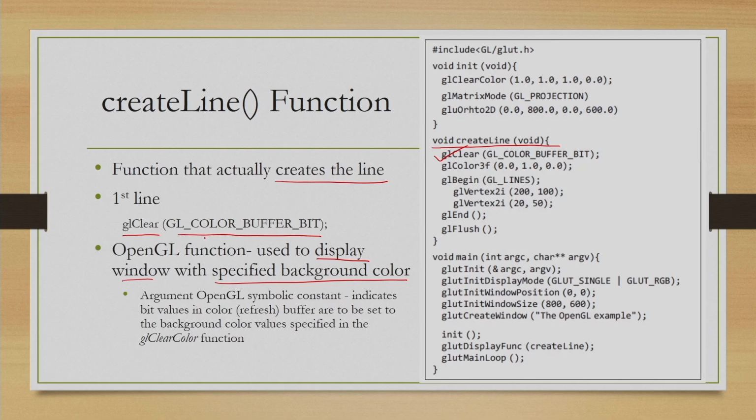The argument, as you can see, is an OpenGL symbolic constant that indicates bit values in the color or refresh buffer that are to be set to the background color values specified in the glClearColor function. So, essentially this function indicates what should be the background color of the display window.